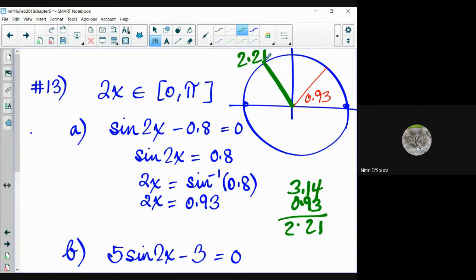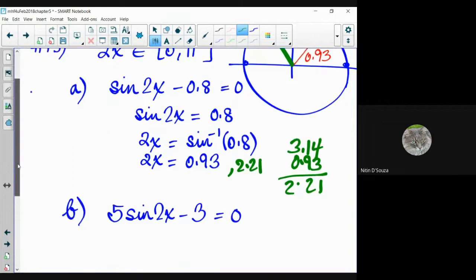So my answer is between 0 and 3.14, which is pi. Do these two values fall in that range? So that means that 2x is 0.93 and 2.21.